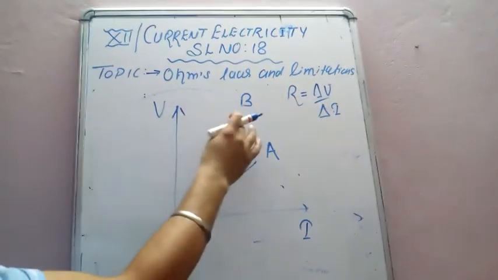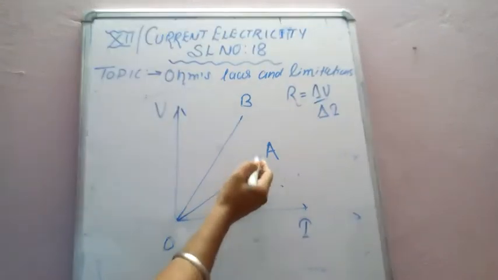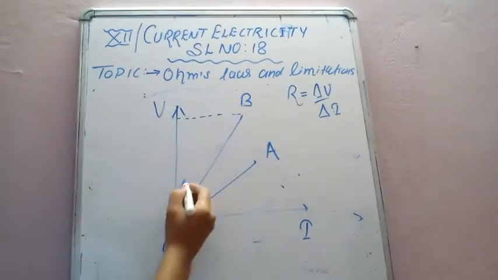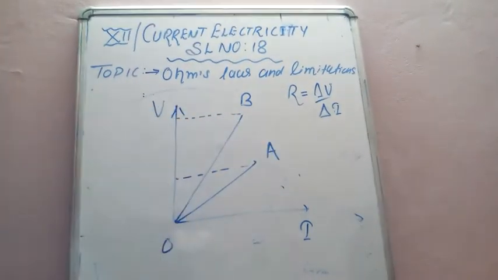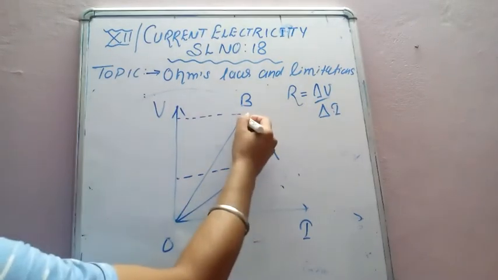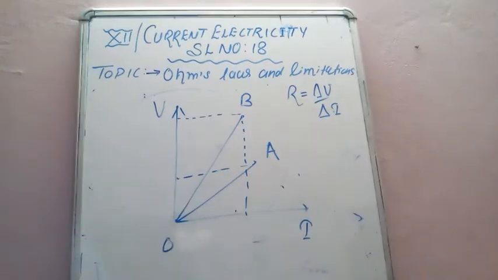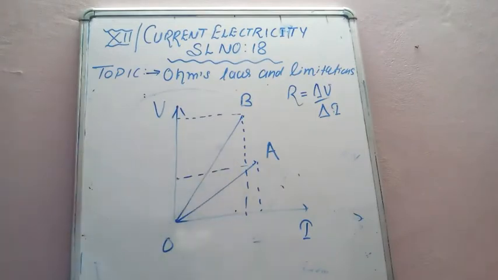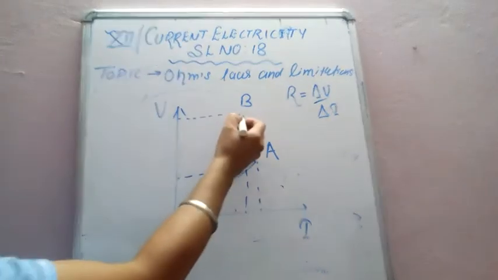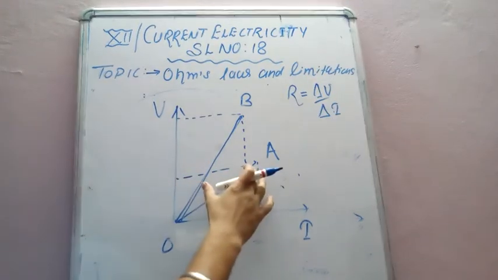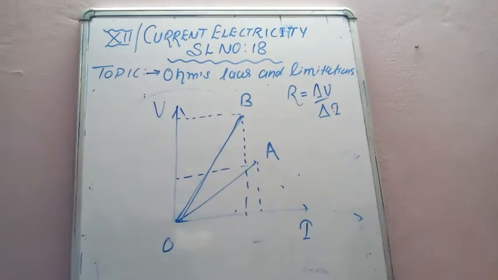We can see that for B, the value of V is higher in comparison to I, and similarly for A. So it is very clear from the graph that for conductor B the slope is steep, and for conductor A the slope is not steeper.